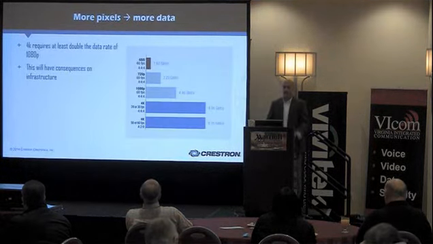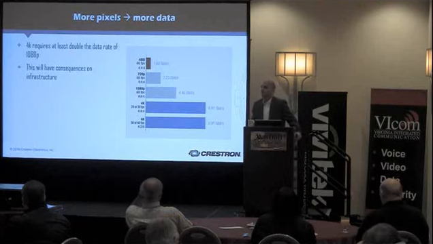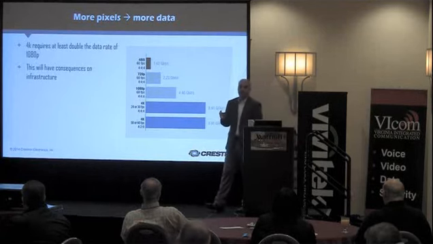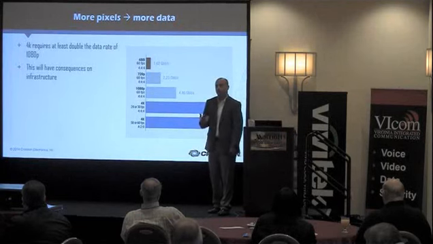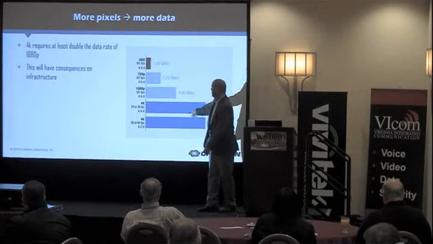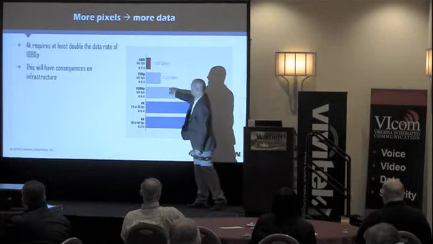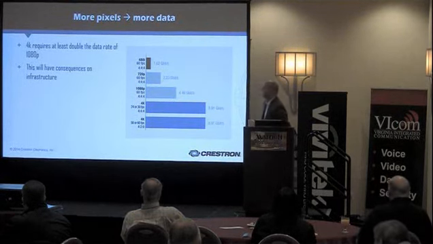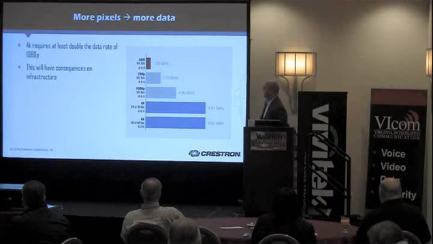Okay. So what does all this mean in terms of the infrastructure? Well, very simple. At least double the amount of data rate. It's going to have consequences in how that is pushed over either Cat5, or excuse me, over copper or fiber, and how its infrastructure is set up. So if you look at something like the 1080p versus the 4K, if I'm at 60 frames per second, I only need about 4.46 gigabytes.